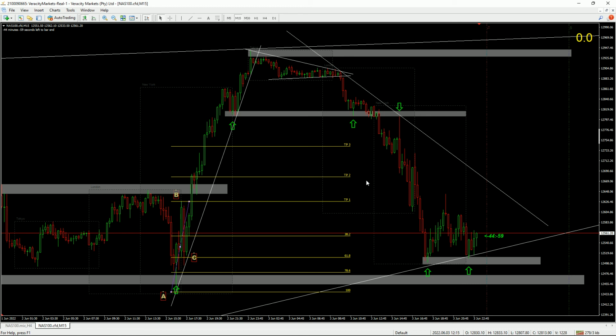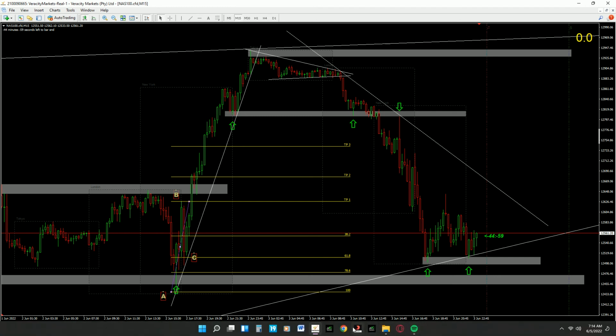You should check the forex fundamentals and the US dollar fundamentals, guys, because NASDAQ is also influenced by fundamentals. So you should check those fundamentals and keep yourself updated.